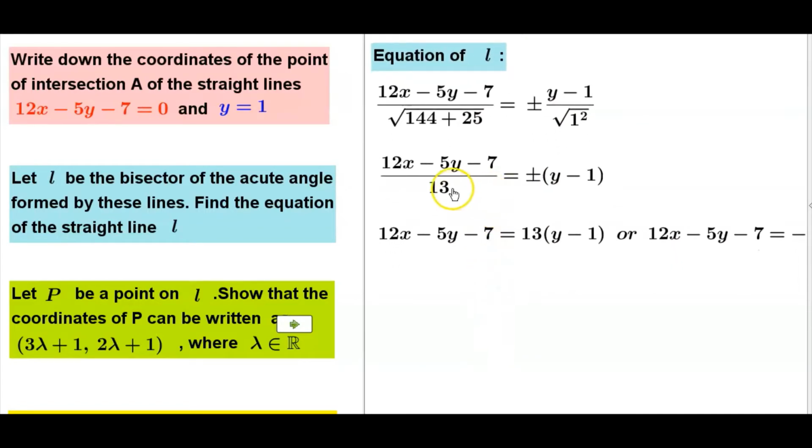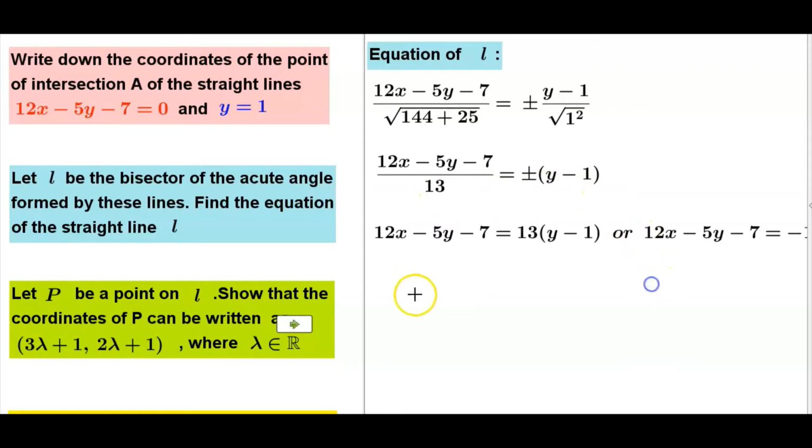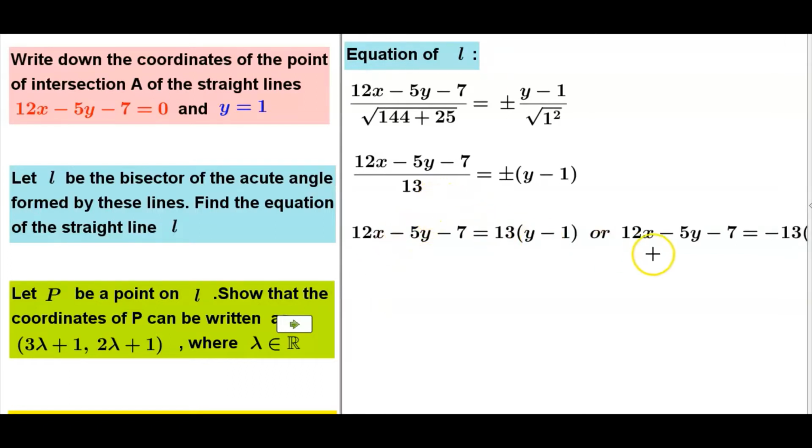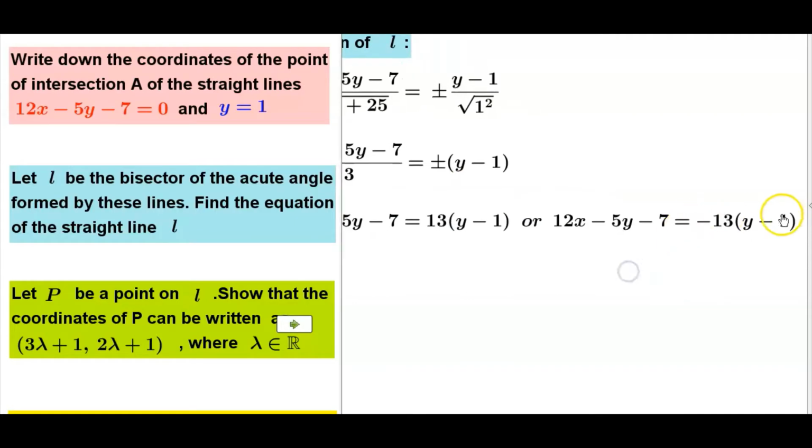By cross multiplication, 12x minus 5y minus 7 equals 13 into (y minus 1), or when considering the minus value, 12x minus 5y minus 7 equals minus 13 into (y minus 1).